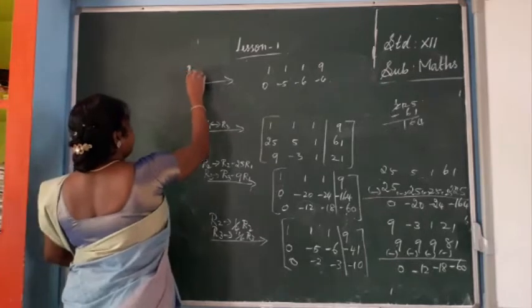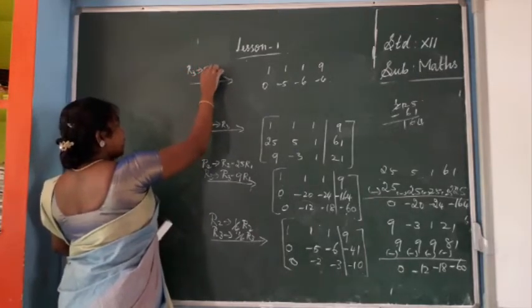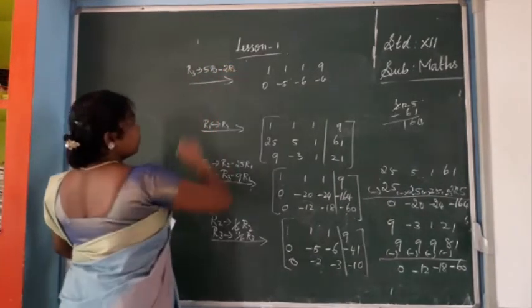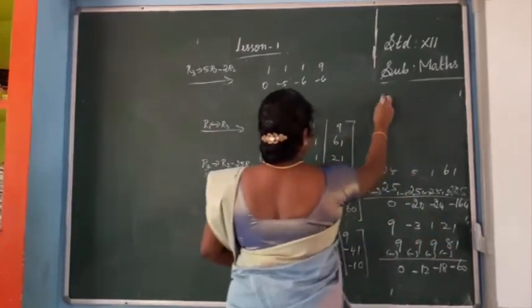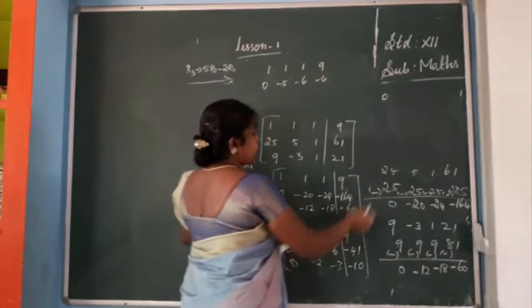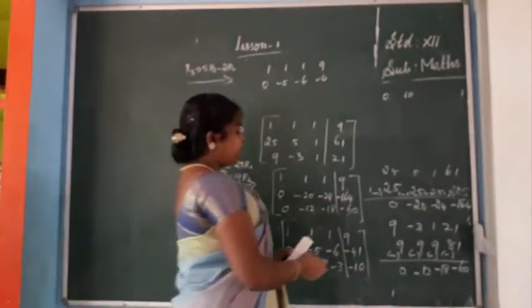So R3 gives 5R3 minus 2R2. Okay, so multiply and write here 0, 5 into 2 is 10, so 10. Next 5 3s are 15.